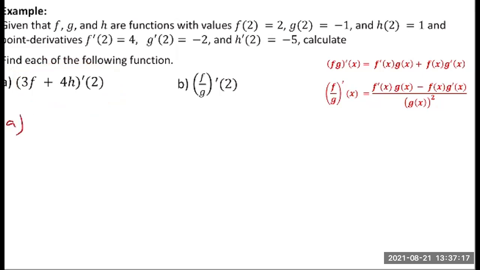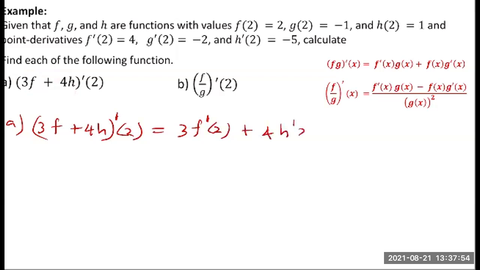Well, let's apply the theorem that we learned about the derivative of the sum of two functions, or the sum rule. Here you have a summation of two functions, right? And you have to take the derivative of that summation. So you can take the derivative of the first function plus the derivative of the second function. I'm going to apply that rule. Then you get 3f plus 4h prime of 2, which is the same as 3 times f prime of 2 plus 4 times h prime of 2.